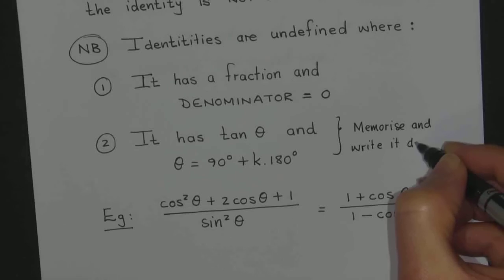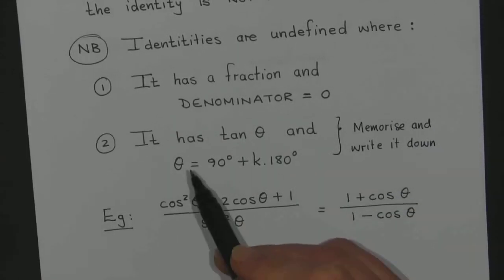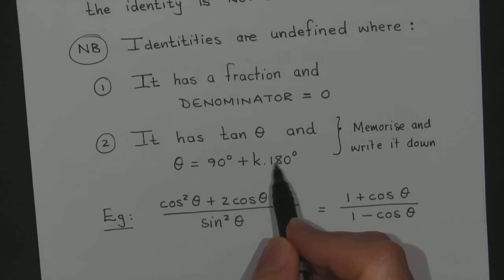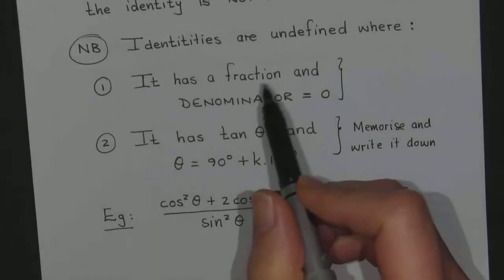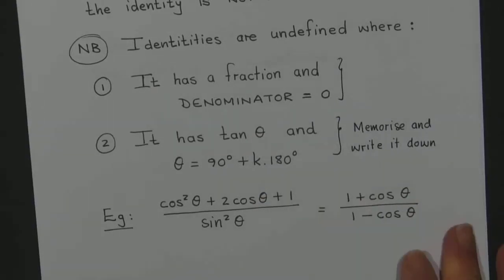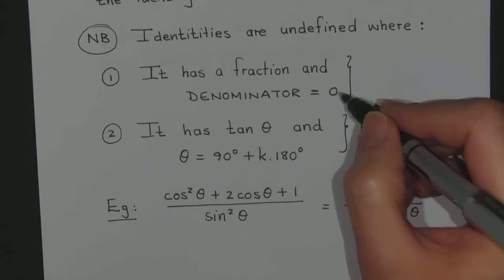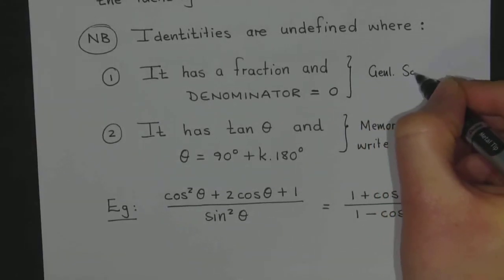Meaning, if you have an identity that has the tan function in it, you immediately write that down. You don't have to do any calculations. You just write that down and you get a mark for it. This one, however, means you're going to set the denominator equal to 0, which means you have to solve a general solution. This requires a general solution.